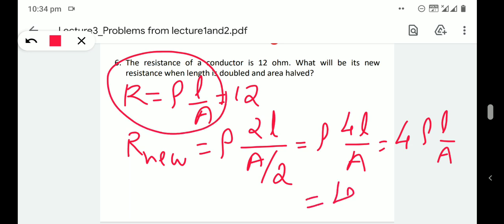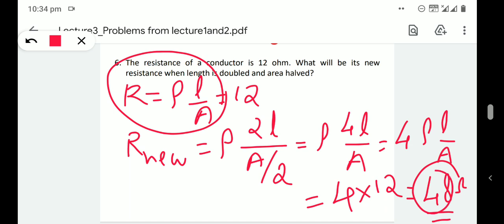So this will be equal to 4 into 12, which is 48 ohms. So the new resistance of the conductor when length is doubled and area is halved is 48 ohms.